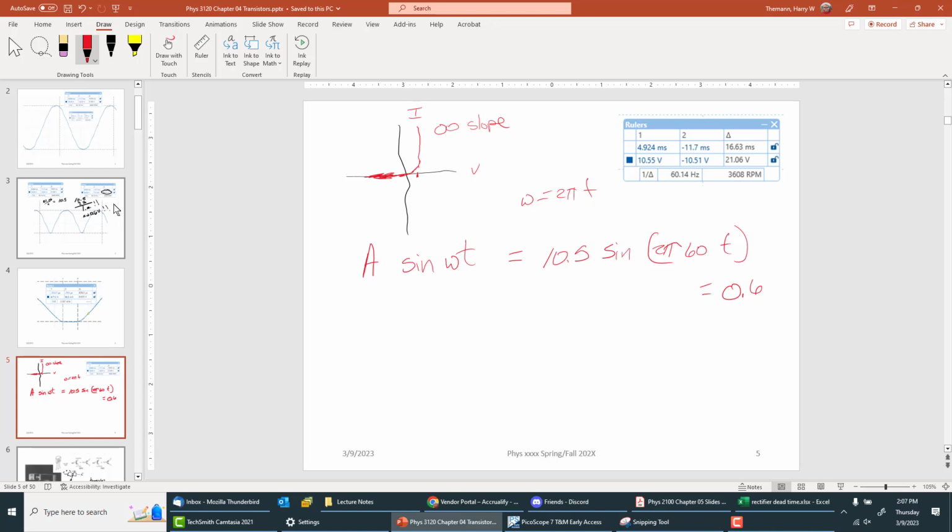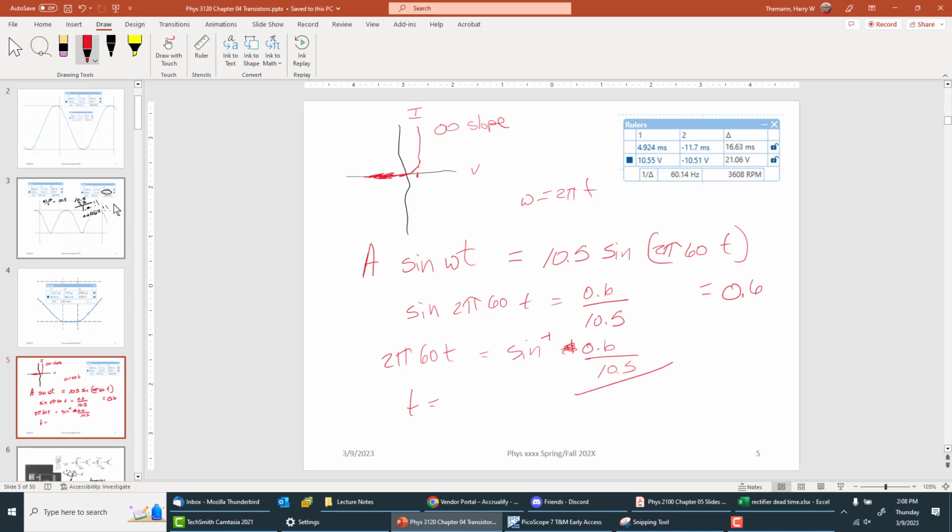So once again, I have sine of 2 pi 60t equals 0.6 over 10.5. And so that means that 2 pi 60t equals sine to the negative 1 of 0.6 over 10.5. So t has got to equal this expression.